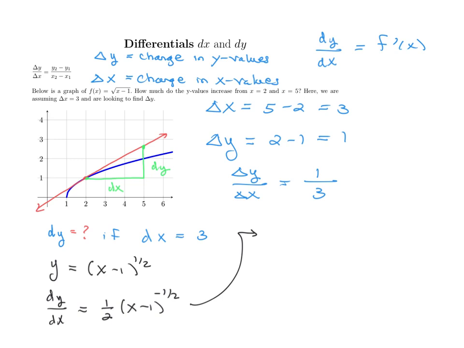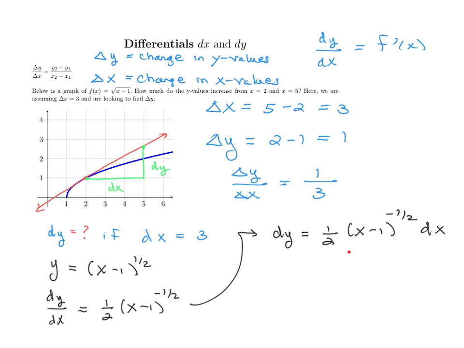What we will do is treat this as a fraction and multiply dx to the other side. So we have that dy is equal to 1/2 x minus 1 to the negative 1/2 times dx. So we can treat this thing over here as a fraction by multiplying this to the other side.